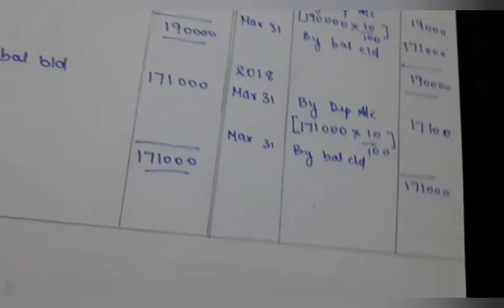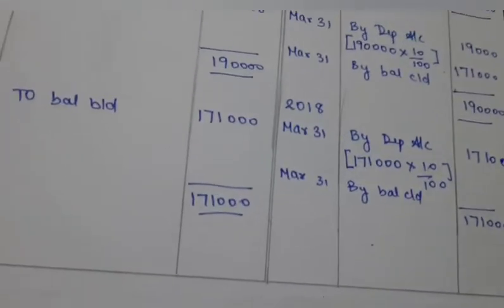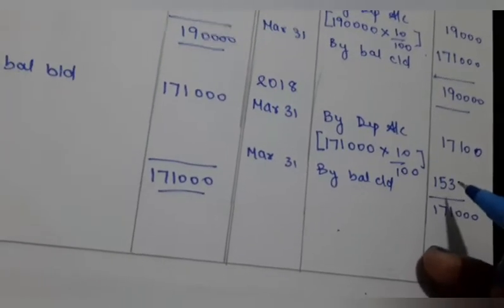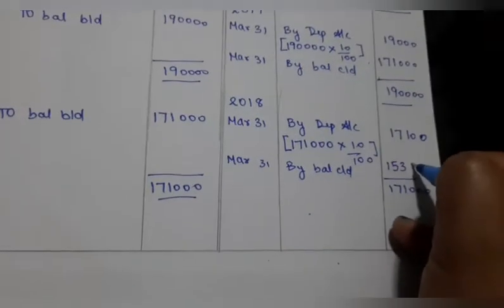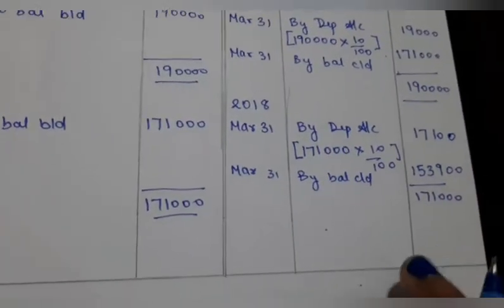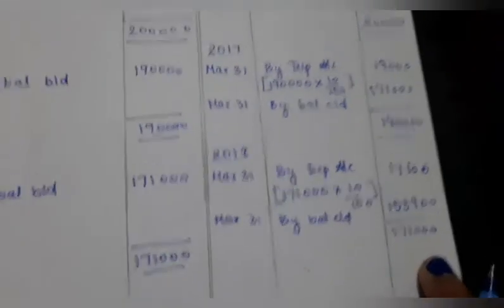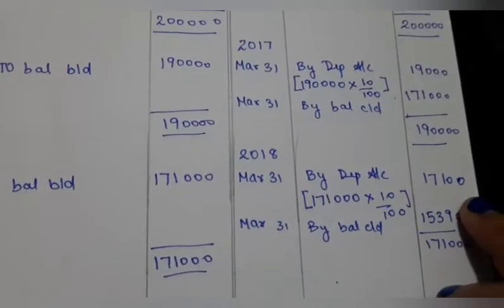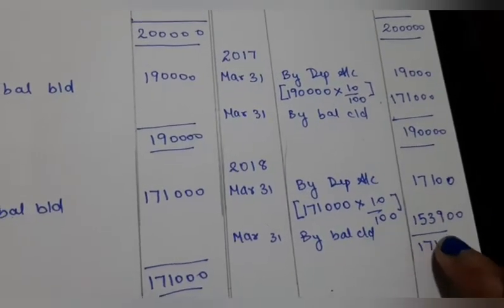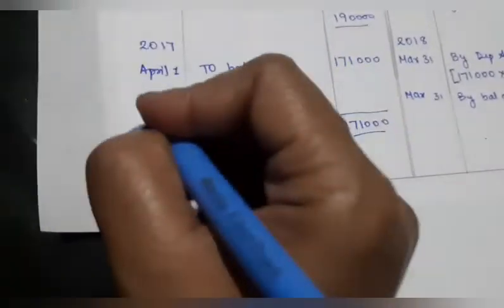March 31st, write down by balance carried down, and you will get a total of 1,53,900. Okay, the difference, see, 1,71,000, the depreciation on this side is 17,100. So the difference between these is 1,53,900.